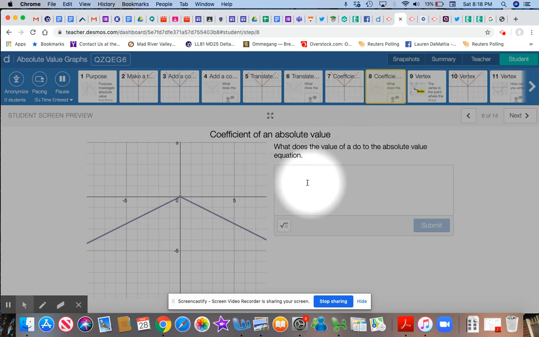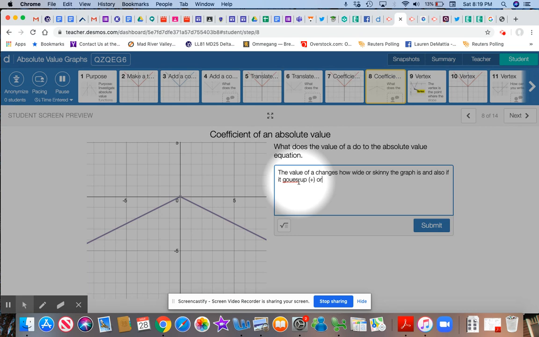That's the coefficient of the absolute value equation, and the value of a changes how wide or skinny the graph is, and also if it goes up, and that's positive, or goes down, that's negative.